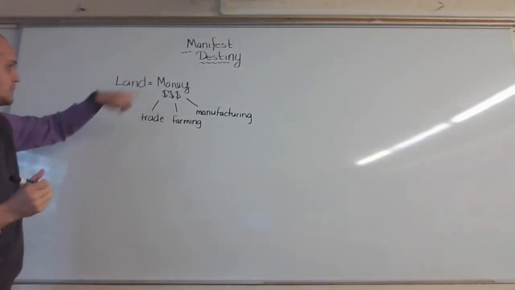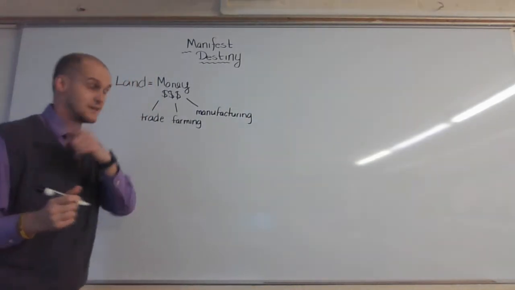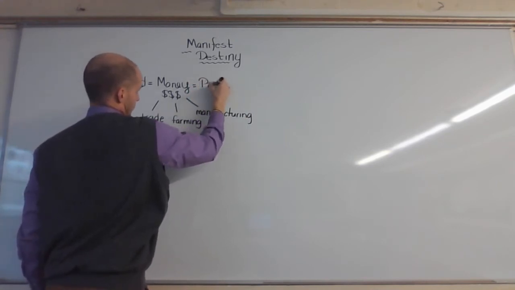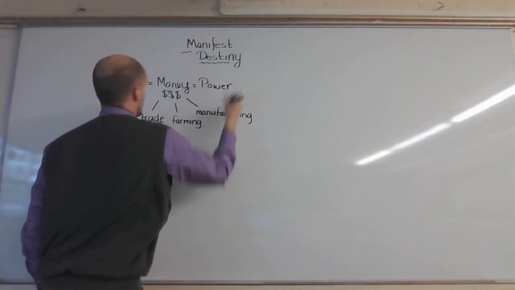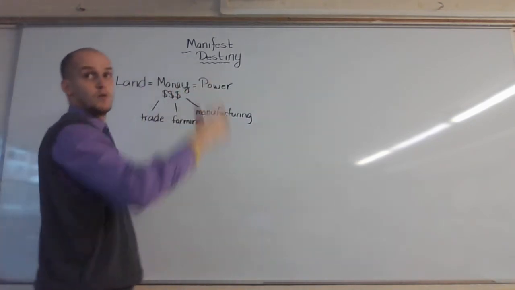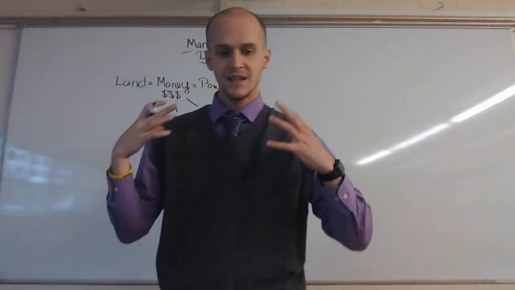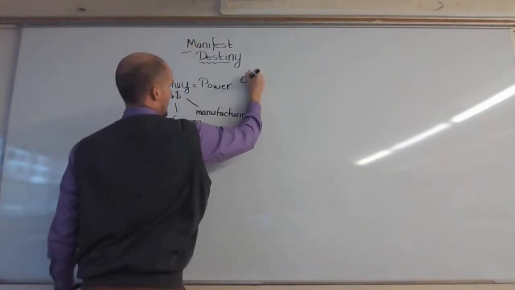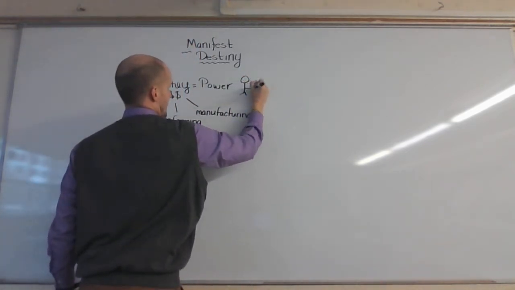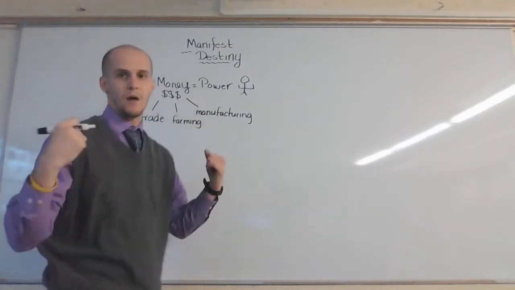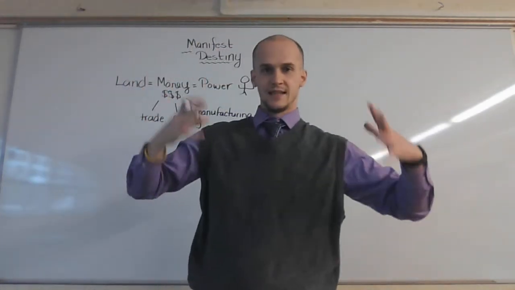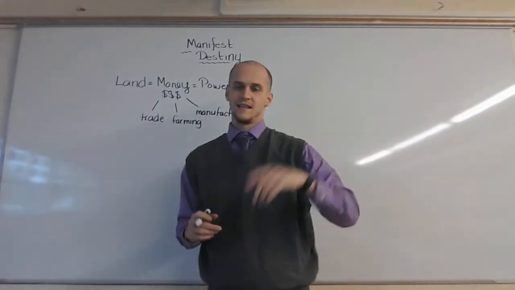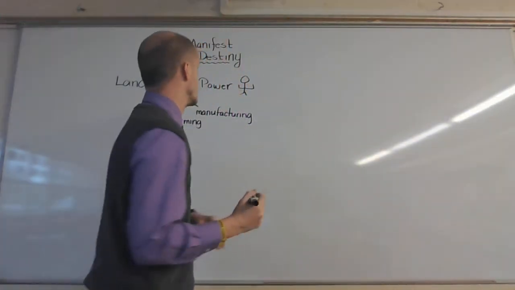So land equals money, money equals power. And this is what drives the idea of manifest destiny: that desire for power, to be the biggest and the strongest and the baddest. All right? So there's 4 ways that land can be obtained.